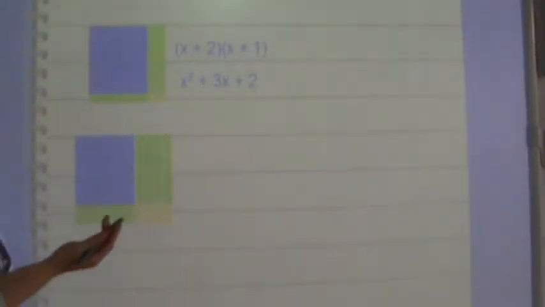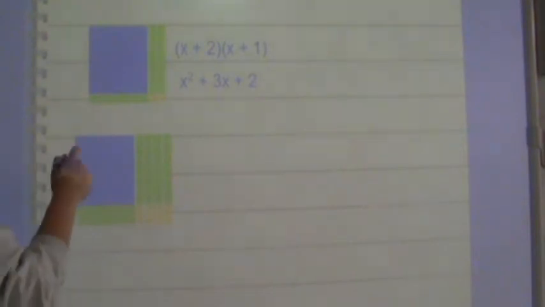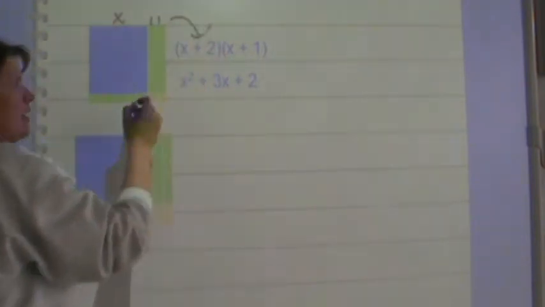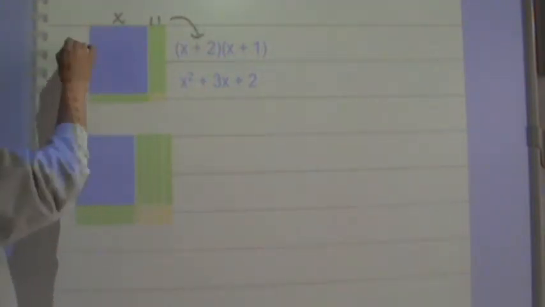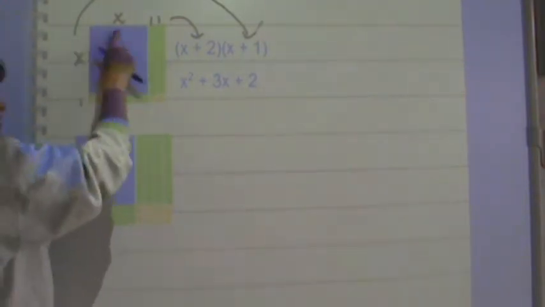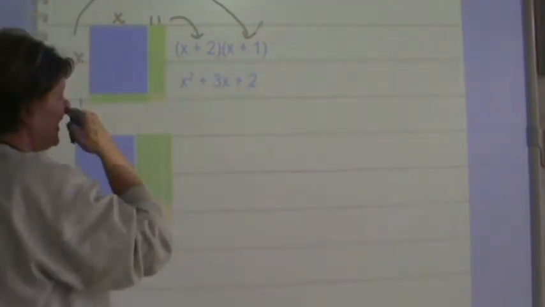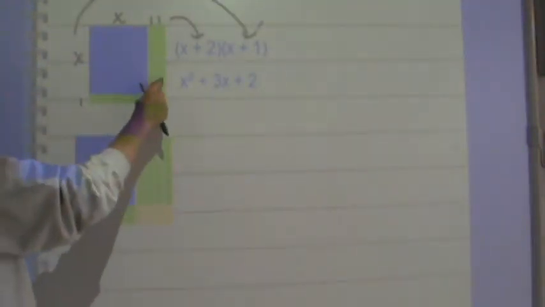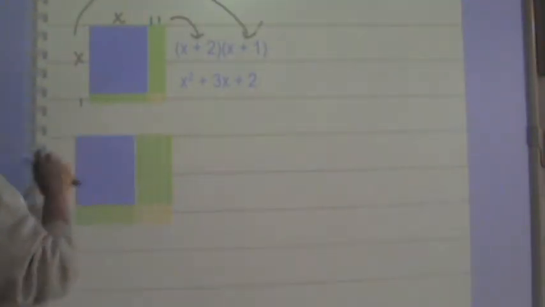Okay, relating it to the algebra tiles, if we were to look at this as length times width, this is x plus 2, and this would be x plus 1. So if I took width times length, I could look at it like that. Or, remember, you can look at color. This is x squared plus 3x plus 2.